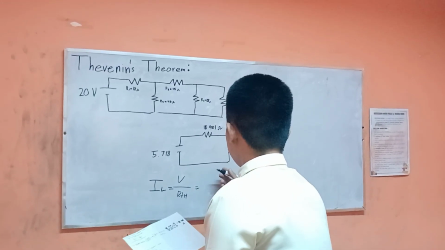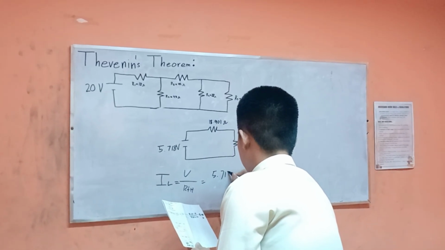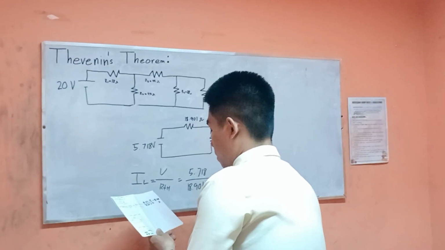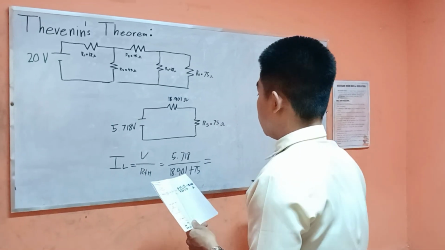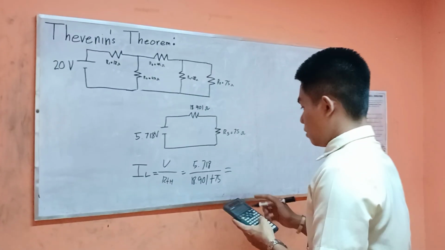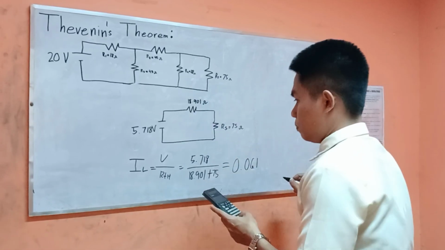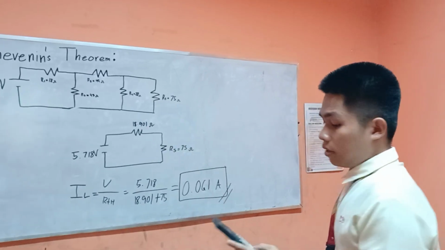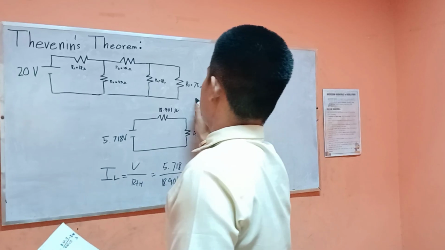If you implement the givens, it is 5.718 over 18.901 plus 75, and the total current load will be 0.061 amps. This is the total equivalent circuit of Thevenin's theorem based on this specific problem.